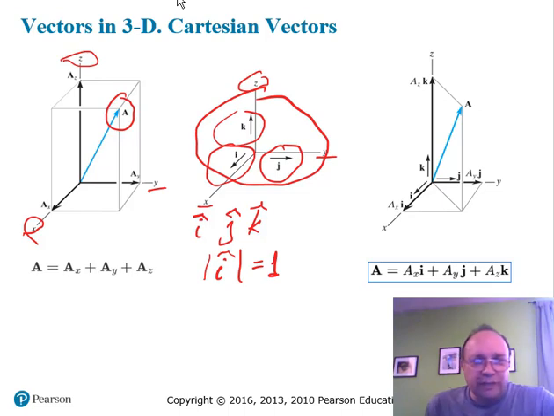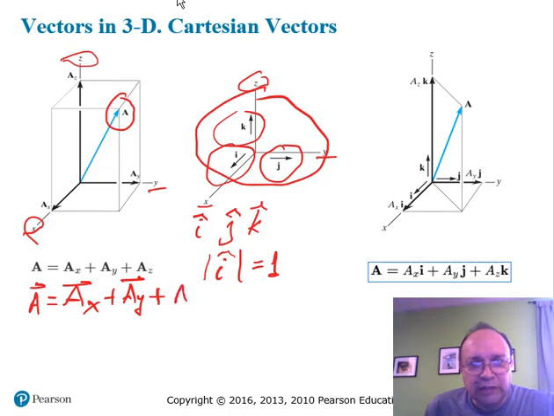So for this vector A, the concept of components is the same as what we did for 2D. Components of a vector are those vectors that when you add them together, you get as a result the original vector. Here, in handwriting, vector A is equal to vector A_x, the x component, plus vector A_y, the y component, plus A_z, the z component.